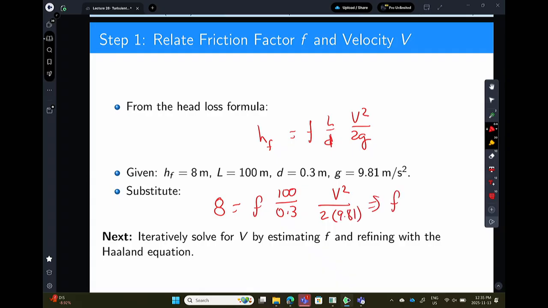And that yields f V squared equals 0.471. So again, I'm going to set this up so that I reevaluate each time and ensure that I have a number that makes sense. And this time, my problem becomes I don't know velocity, I don't know friction factor, so I have two things that I'm going to iterate on, and then I'm going to calculate everything from there.